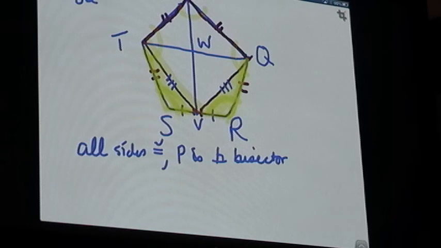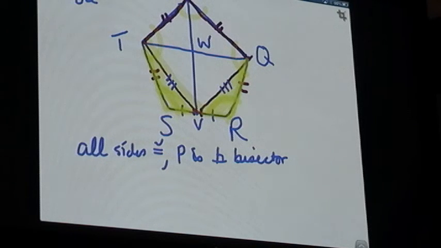Okay, and now we know that V lies on the perpendicular bisector of TQ because of the converse of the perpendicular bisector theorem. And then we know that PV is the perpendicular bisector of TQ because the points are equidistant from the endpoints.